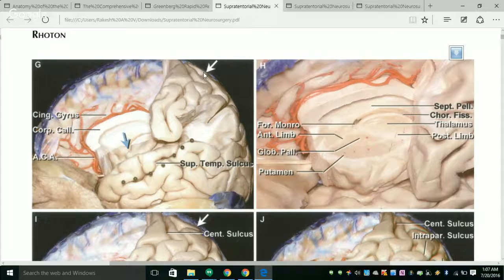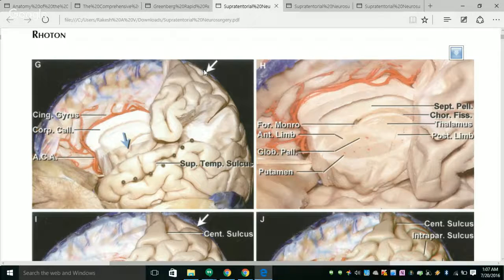The ascending ramus of this cingulate sulcus courses on the medial surface along the posterior margin of the paracentral lobule. We will be able to see this when we examine the medial aspect of the hemisphere.